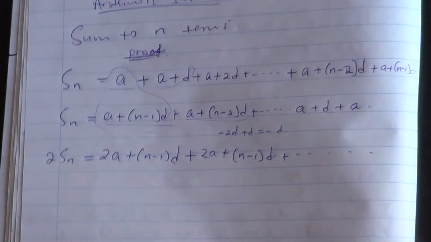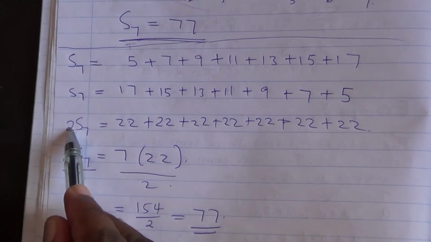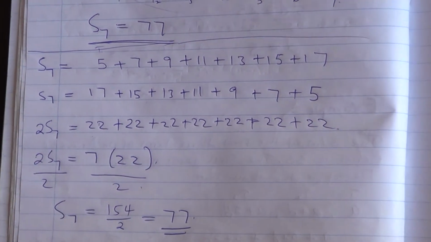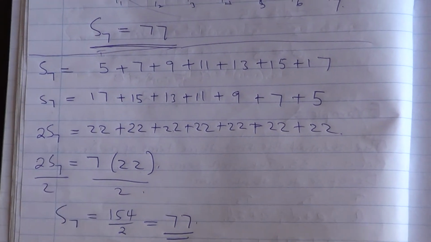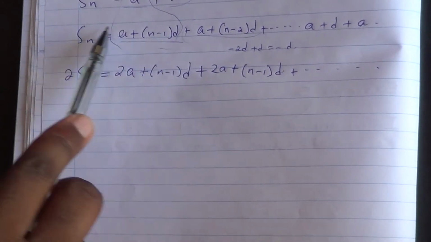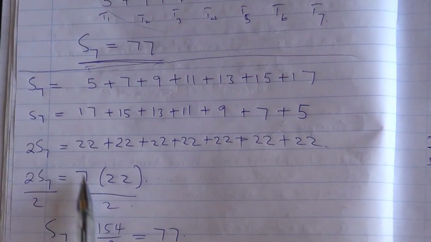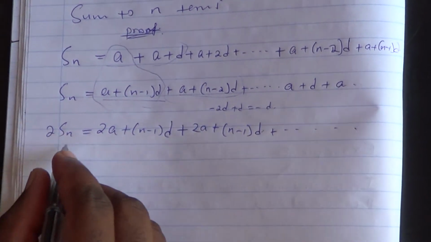So since here, you remember it gives you 22, 22, 22. What did we do here? Up to the nth term. How many terms were you having there? There were 7. That's why you multiplied by 7. But this time, you're not told up to the 7th term, it's up to the nth term. There you multiplied by 7. Here, you're going to multiply by n.